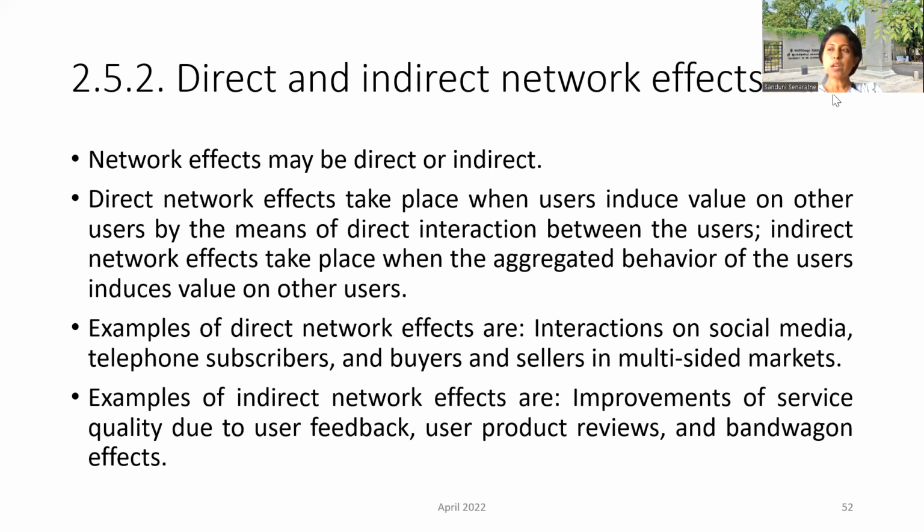When more and more people keep posting reviews about products, let's say users keep posting comments on Facebook saying that the service quality is very poor, this causes the service owners to take this feedback into consideration and improve their service quality. So that is the difference between direct and indirect network effects.